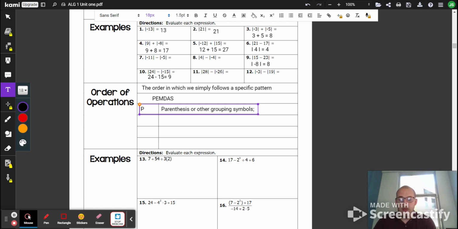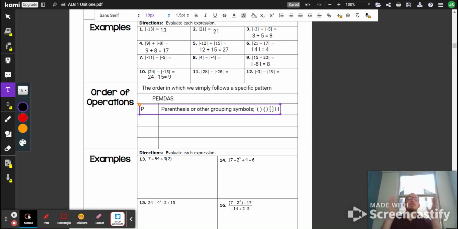So that would be parentheses, or brackets, or other types of brackets, or absolute value signs. Those are your 4 types of groupings.